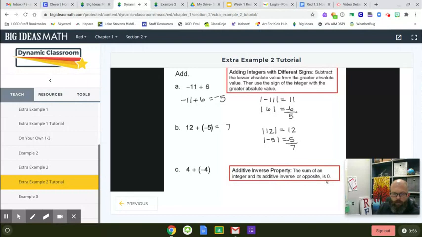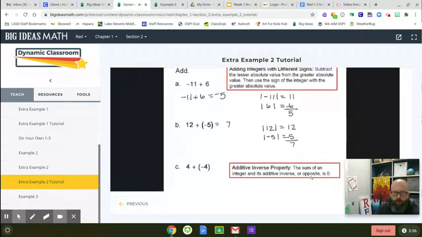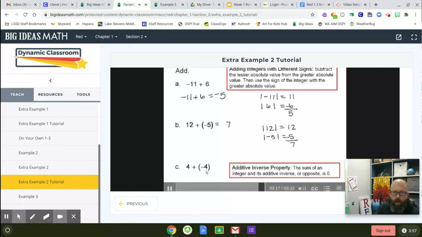So 4 and negative 4 are both the same distance from 0, but they're on opposite sides of 0. So you can imagine a number line. Since the property says that if it's an integer and its additive inverse, then the sum is 0, we can say that 4 plus negative 4 is equal to 0.